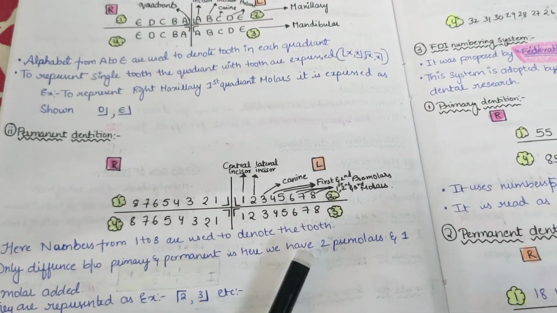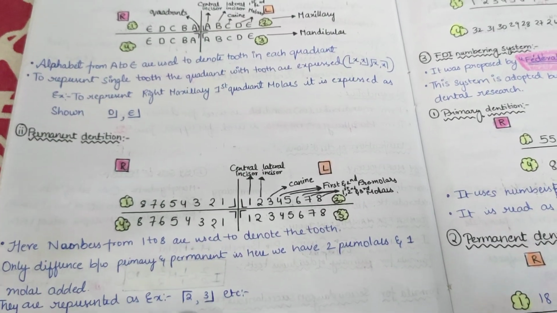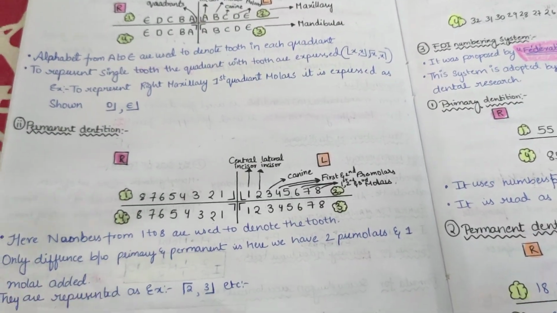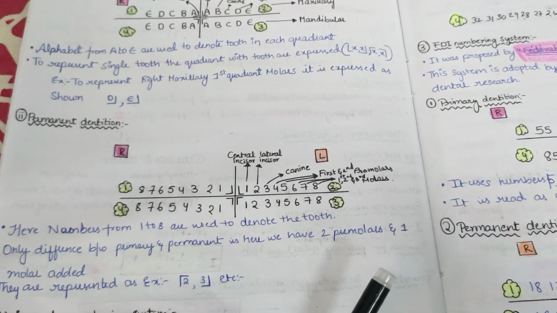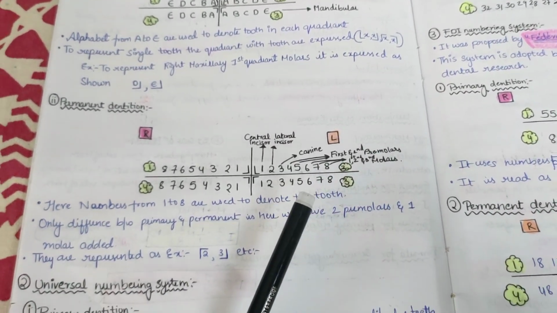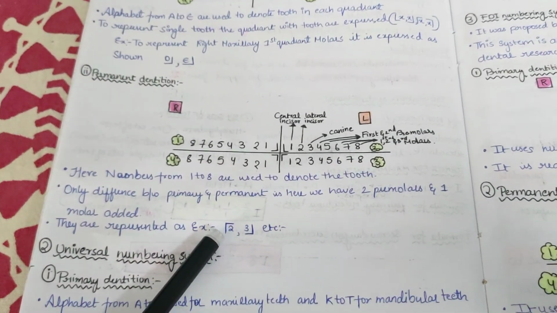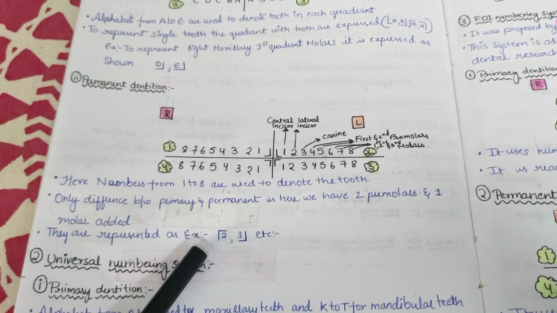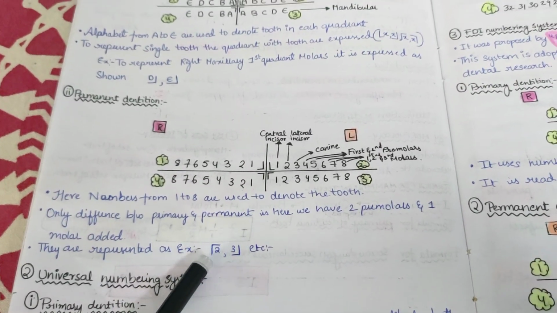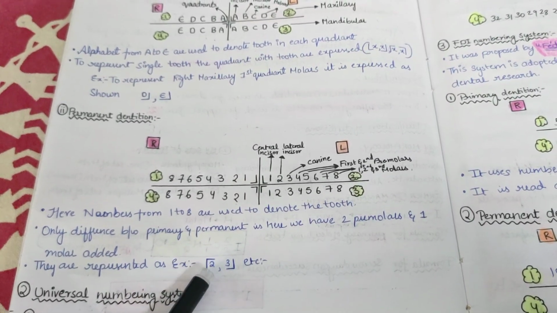And now let us move to permanent dentition. Here we use numbers 1 to 8, and the only difference between the primary and permanent representation is that we have 2 premolars and 1 molar added, and we use numbers here. For example, here we see this symbol. We know what quadrant it is, third quadrant, and second, that is lateral incisor.